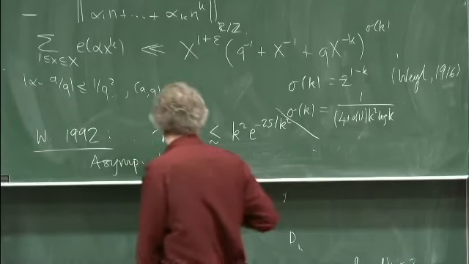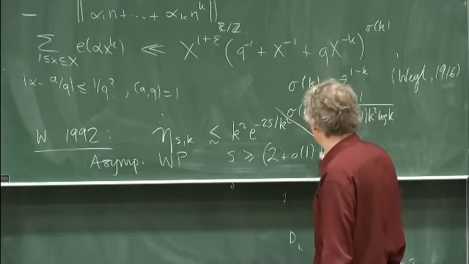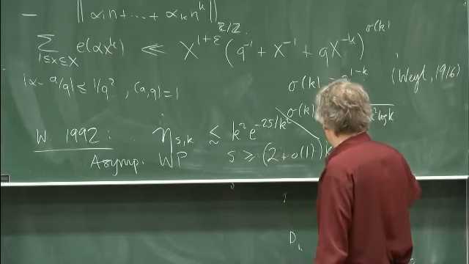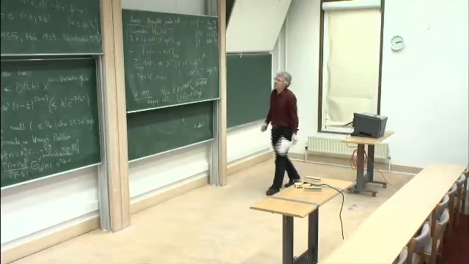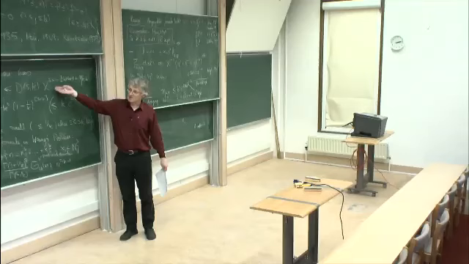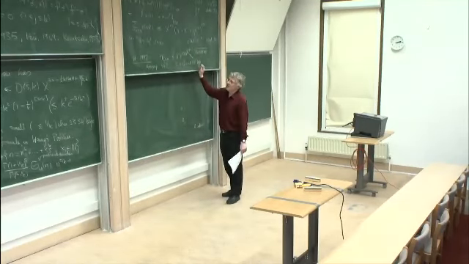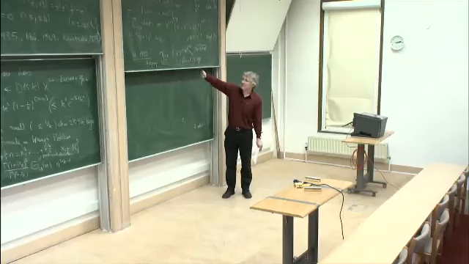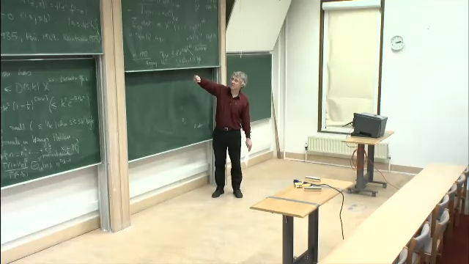So the asymptotic formula in Waring's problem then holds if s is at least 2 plus little o of 1 k squared log k. And so, you have the number of variables. Very good. But in some sense, you can see that this fits into the same universe as the original Vinogradov work. And I should mention that Kevin Ford used the same version of Vinogradov's mean value theorem, but more efficiently in this asymptotic formula in Waring's problem.